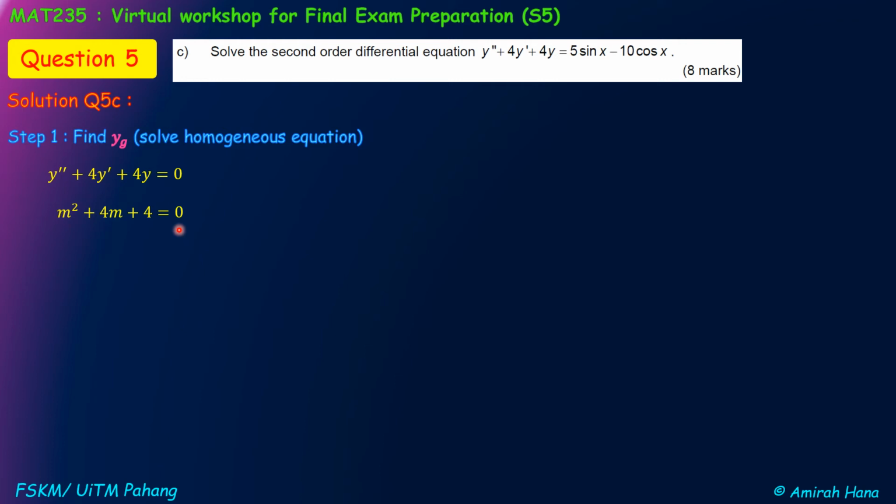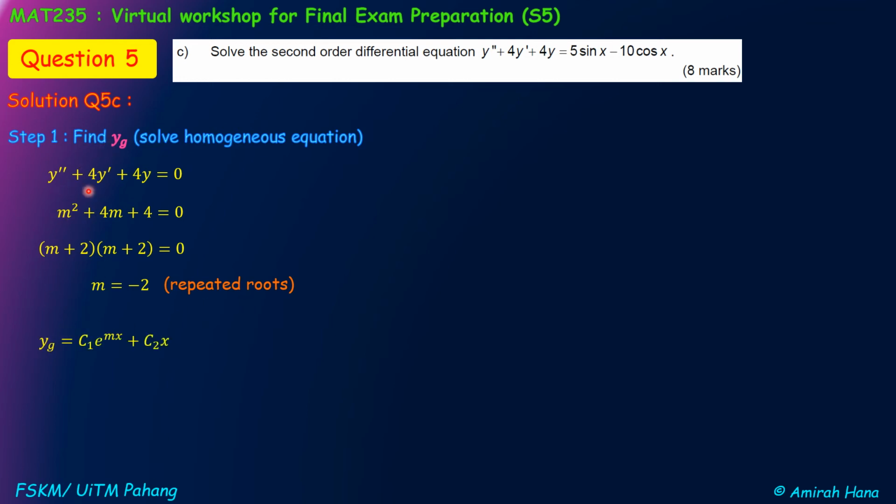This is the characteristic equation, and this is also a quadratic equation, so we can factorize it. After we factorize, we get m plus 2 times m plus 2 equals 0. So we have m equals negative 2, which is a repeated root.